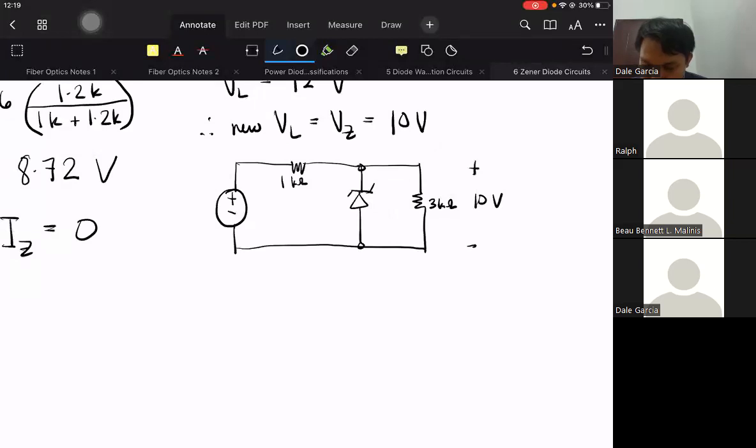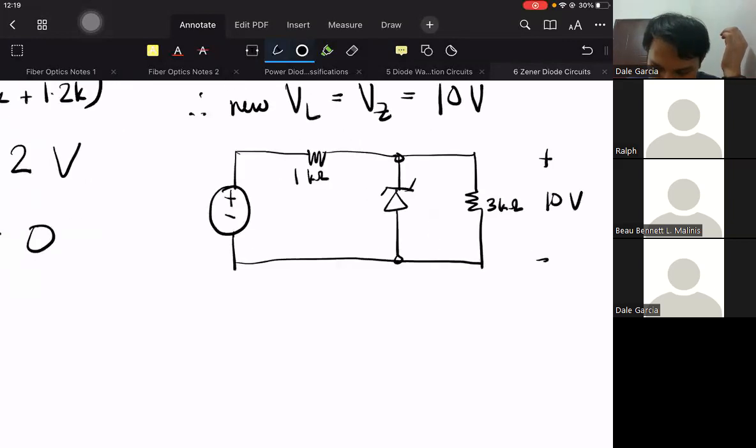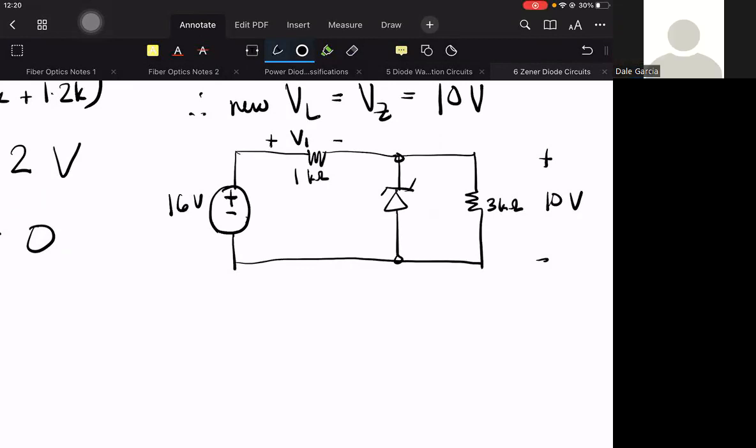So because the load voltage is 10 volts, could you guess how much the voltage drop across the source resistor is? If the source is 16 volts and our load is 10 volts, what is the voltage drop across R1?